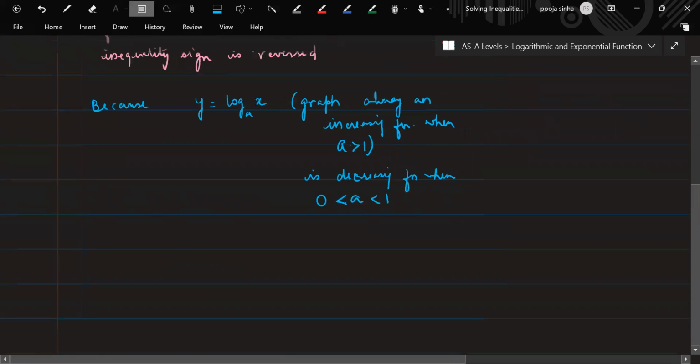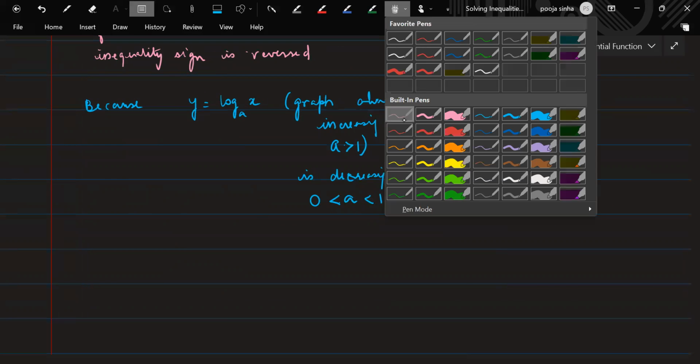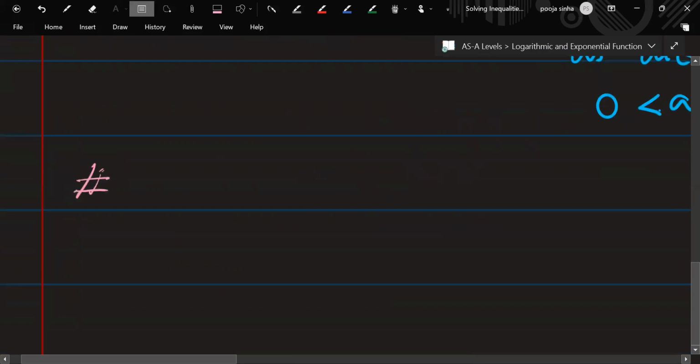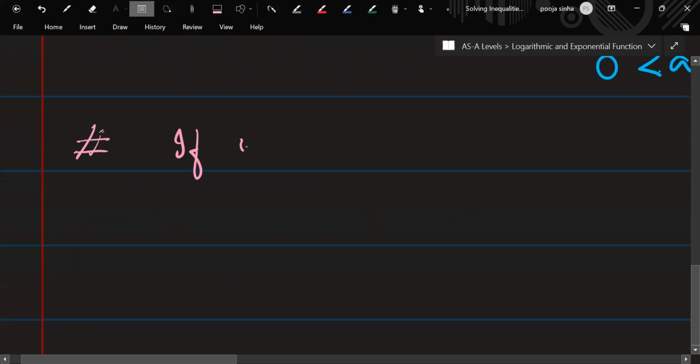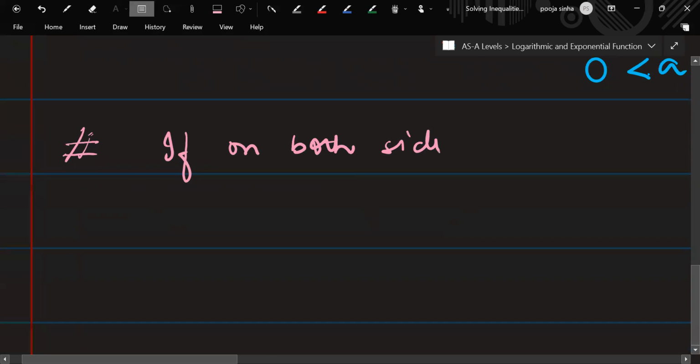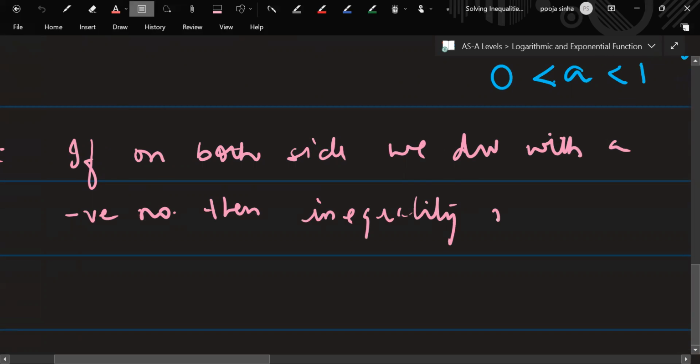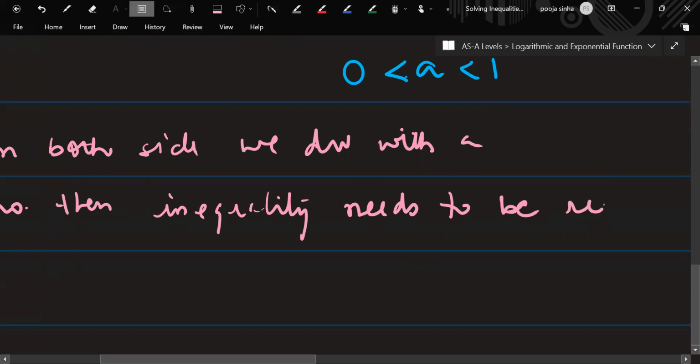And the next thing that you need to remember is that if on both sides we divide with a negative number, then the inequality needs to be reversed.